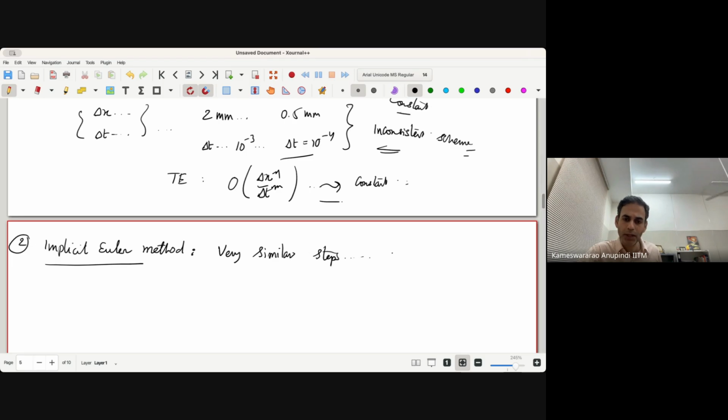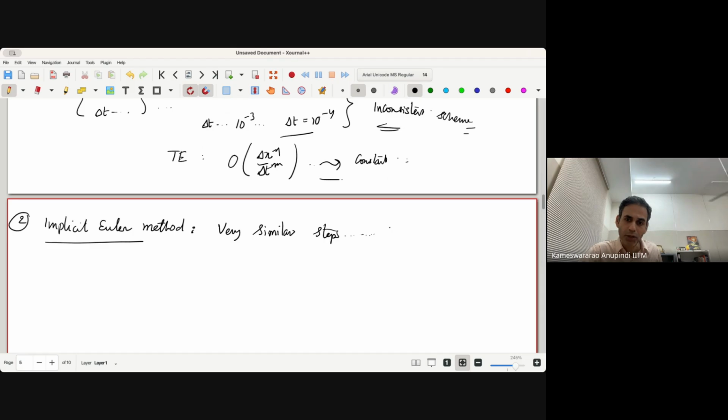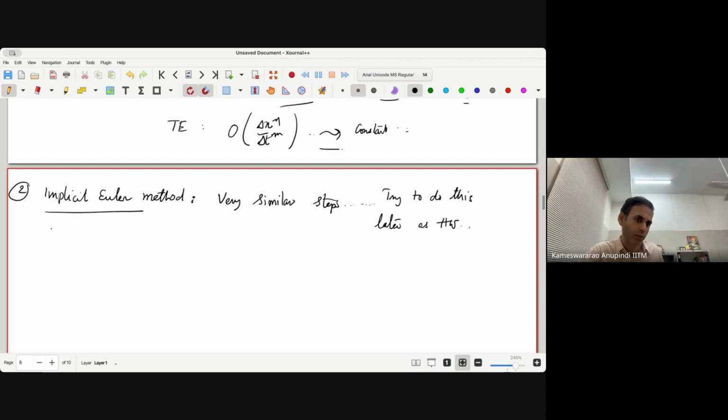You can try to do this during your free time, as a homework. It will come out to be very similar. Implicit Euler will also have order delta t, order delta x squared, and you can show that this is also a consistent method.